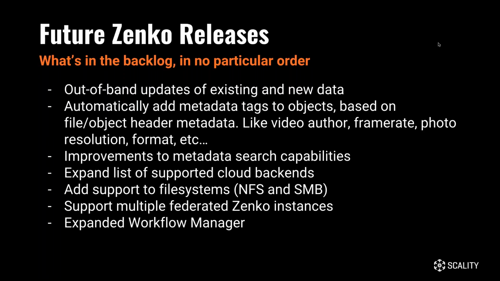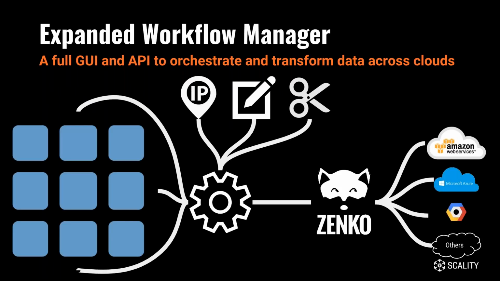Support for file systems like NFS and SMB also is something that we're working on with a lot of interest from potential users and customers. But the most important one that we're focusing on in the next few months is the workflow manager. So for the workflow manager, the current setup is that, as Giorgio mentioned, it revolves around replication and lifecycle expiration.